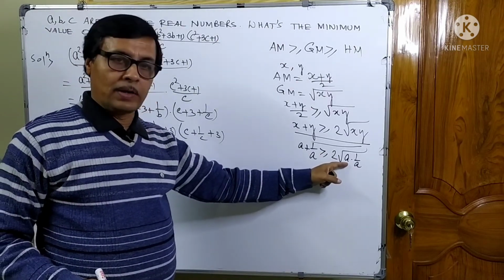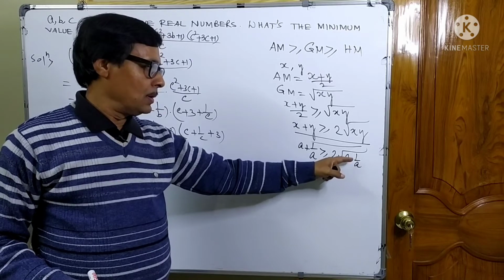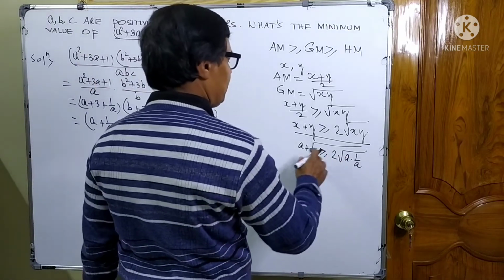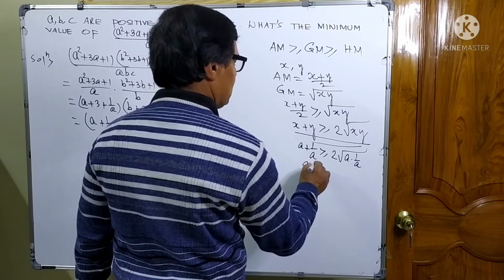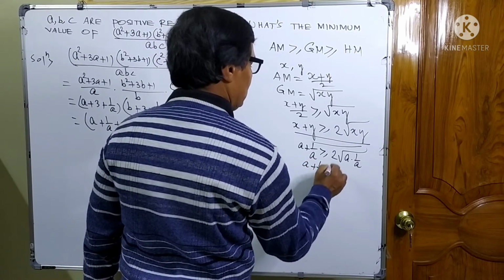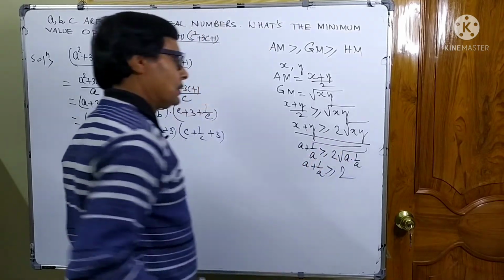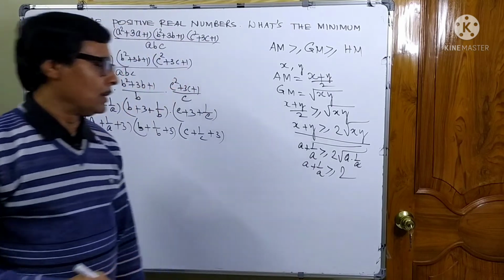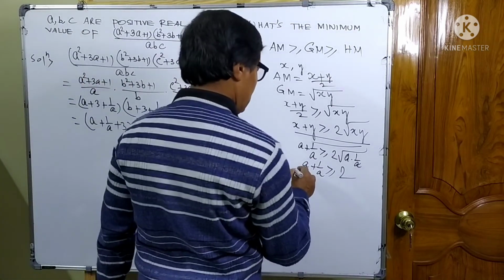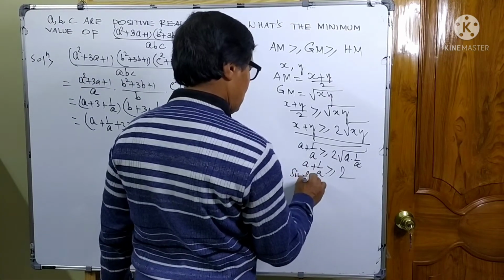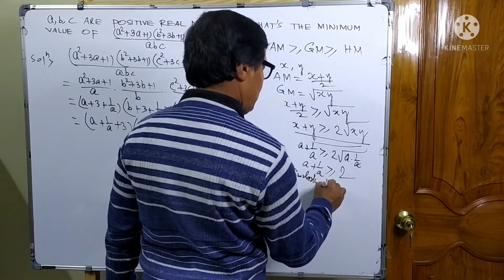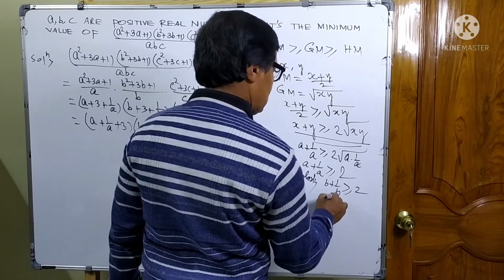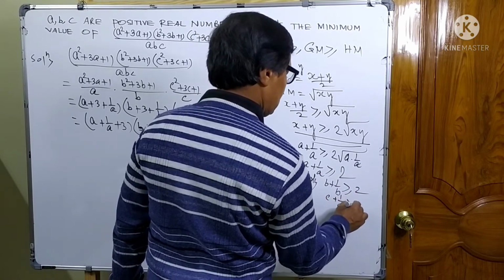That is a + 1/a ≥ 2, these are cancelled out. Similarly we get b + 1/b ≥ 2 and c + 1/c ≥ 2.